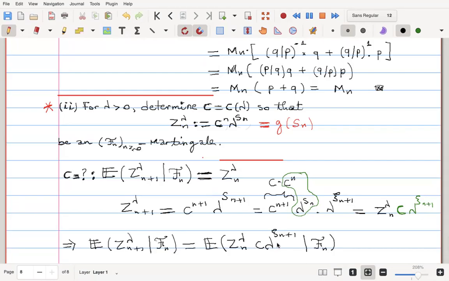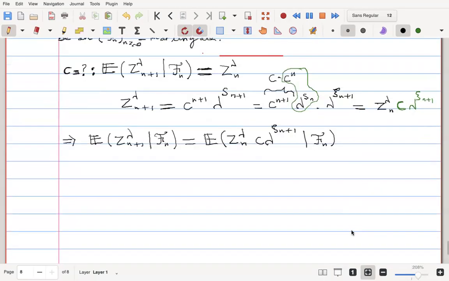Now, this is where conditional expectation properties become interesting. Remember, we want C such that Zn is what? A martingale. If Zn is a martingale, the first property tells us that Zn lambda is adapted, is Fn adapted, meaning that Zn lambda is Fn measurable. If it's Fn measurable, we can consider this to be a constant, right?